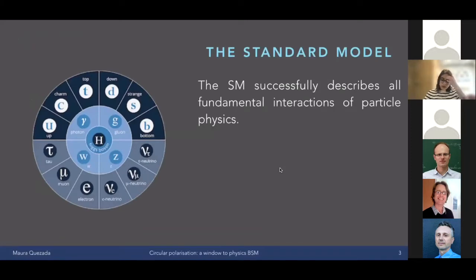In the past few decades, we have collected a lot of knowledge about how the universe works. We have all this information collected in what we call the standard model of particle physics.